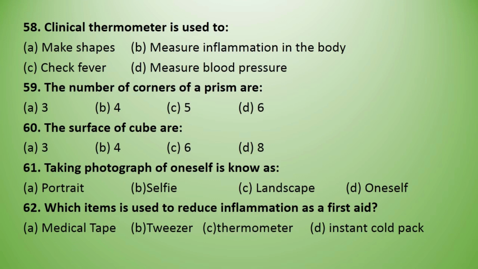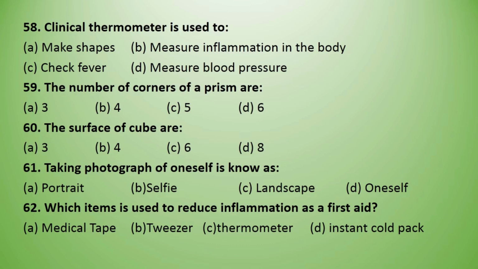Answer is D. 6. 60. The surfaces of cube are A. 3, B. 4, C. 6, D. 8. Answer is C. 6. 61. Taking photograph of oneself is known as A. Portrait, B. Selfie, C. Landscape, D. Oneself. Answer is B. Selfie.